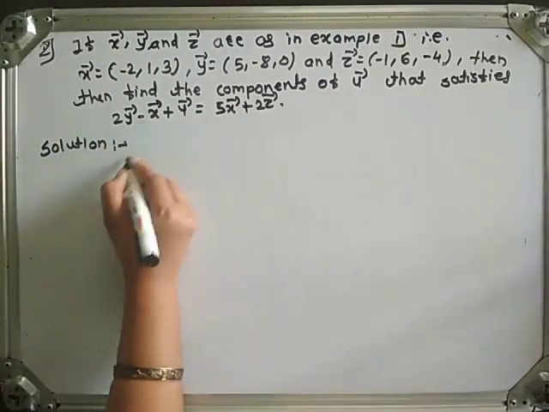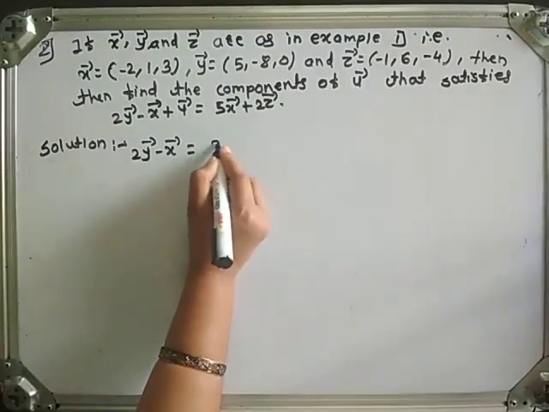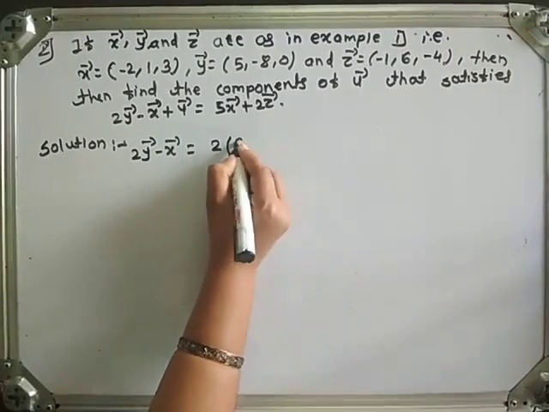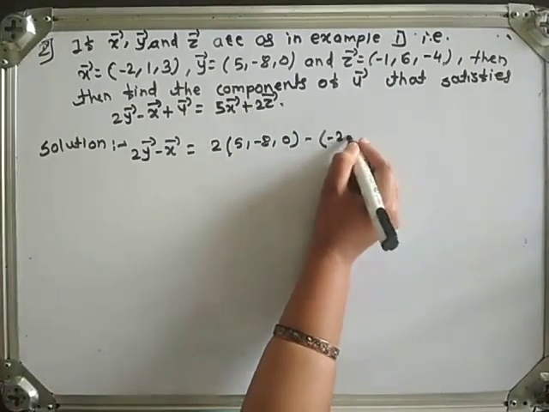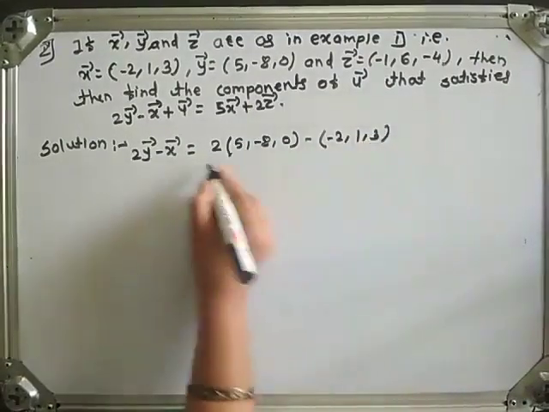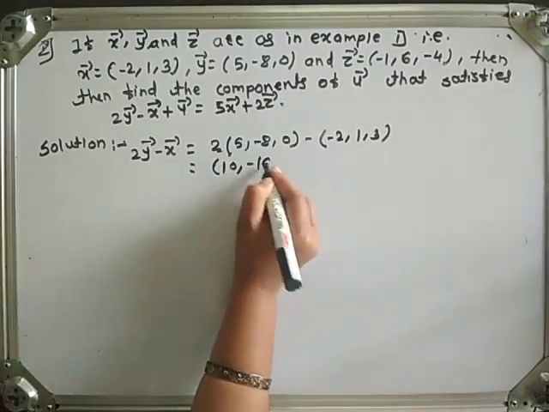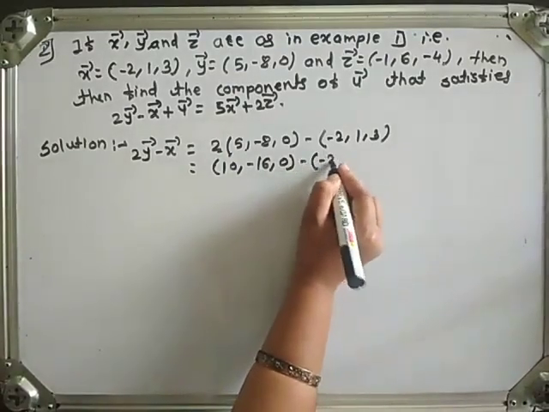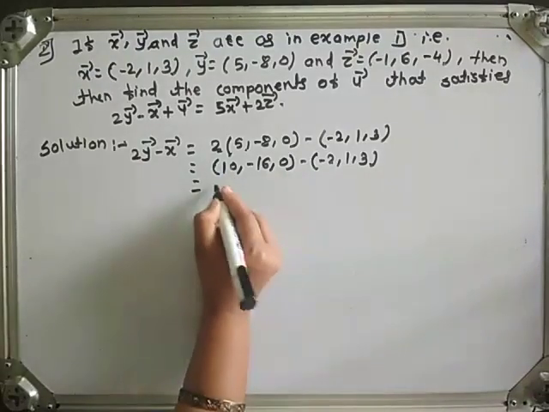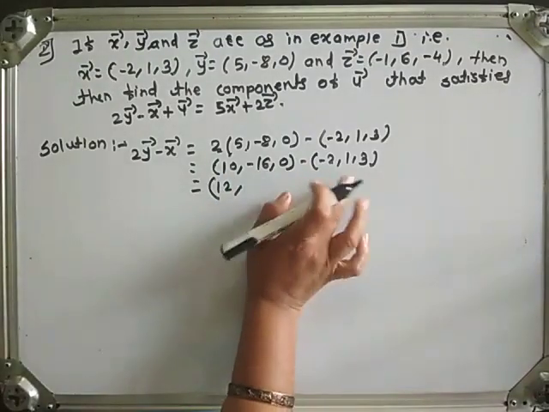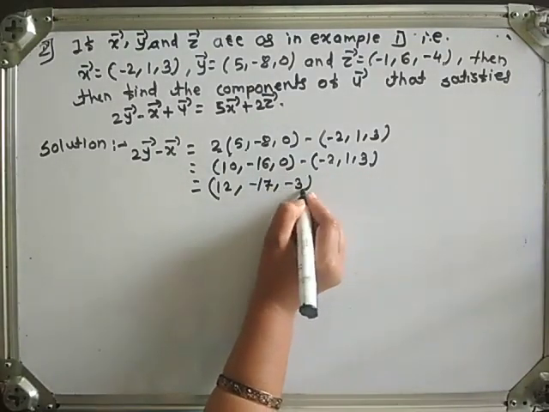First we calculate 2y bar minus x bar. 2 into y bar is 5, minus 8, 0, minus x bar is nothing but minus 2, 1, 3, which is equal to 2 into 5 is 10, minus 16, 0, minus 2, 1, 3, which is equal to 10 plus 2 is 12, minus 16 minus 1 is minus 17, and 0 minus 3 is minus 3.